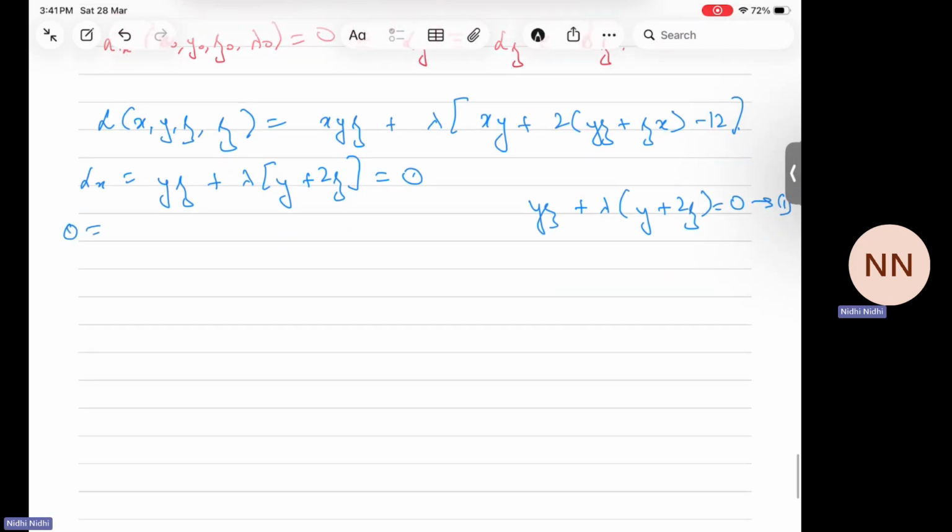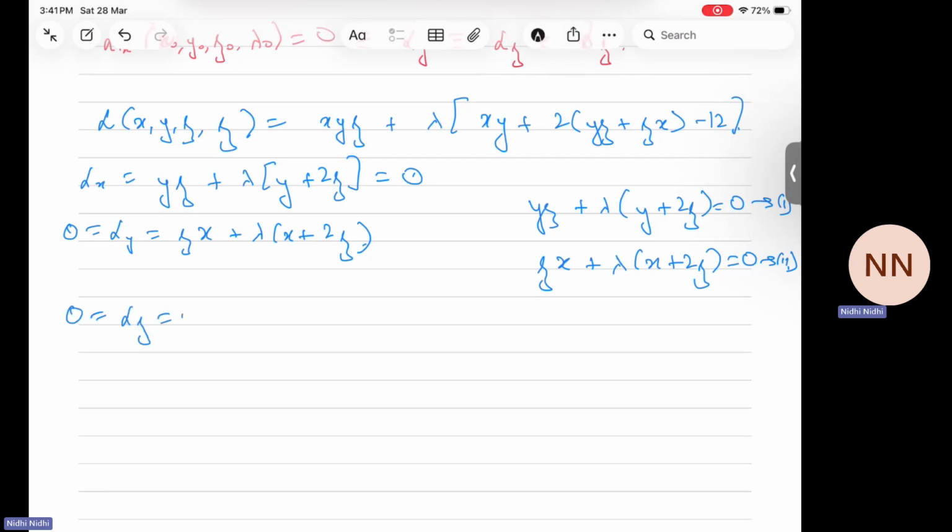Similarly, 0 equals Ly, which is equal to zx plus lambda times x plus 2z, sorry, that will be 2z. So second equation is zx plus lambda times x plus 2z equals 0. This is equation 2. Then we have 0 equals Lz, which is equal to xy plus lambda times 2x plus 2y.